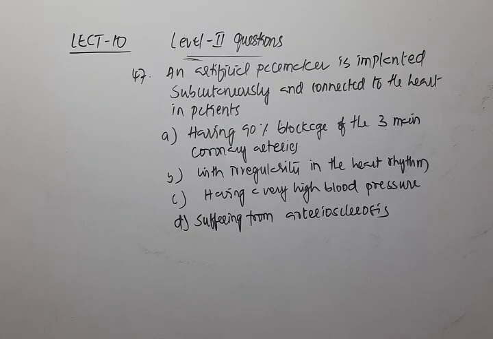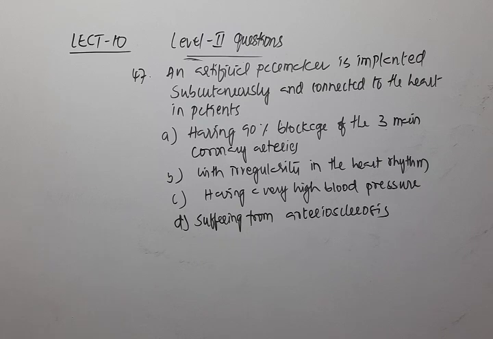The next question: an artificial pacemaker is implanted subcutaneously and connected to the heart in patients. An artificial pacemaker is a very tiny instrument that sends action potentials at regular intervals.